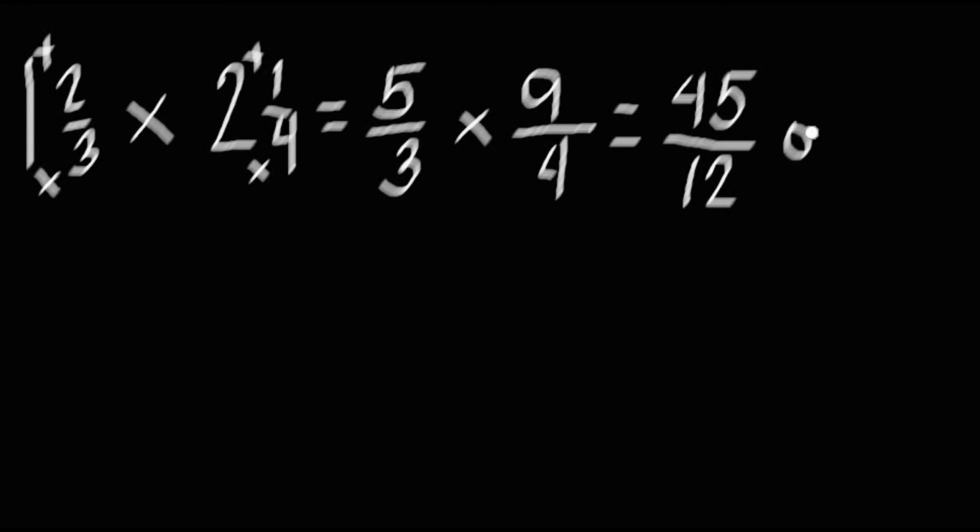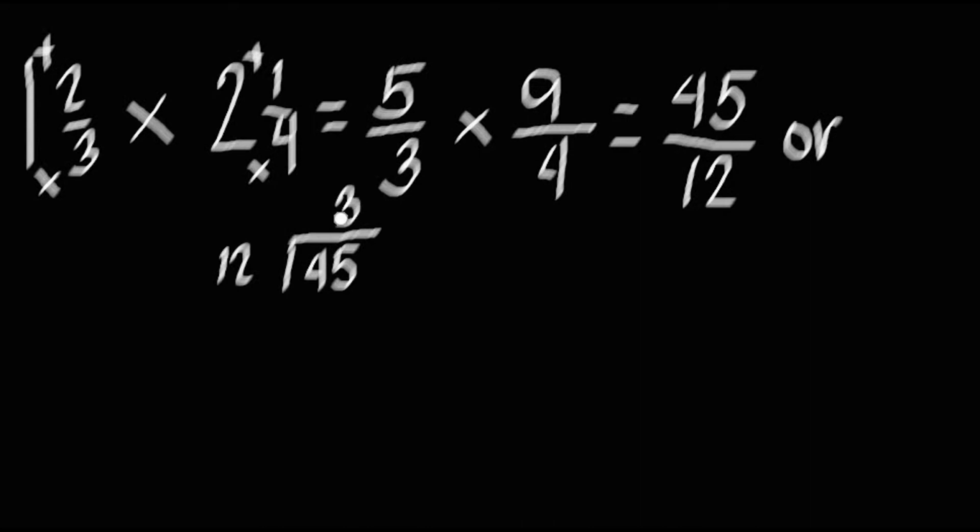How do we change 45 over 12 into a mixed number? Okay, in this case, we need to use long division. That is 45 over 12. How many 12s are there in 45?